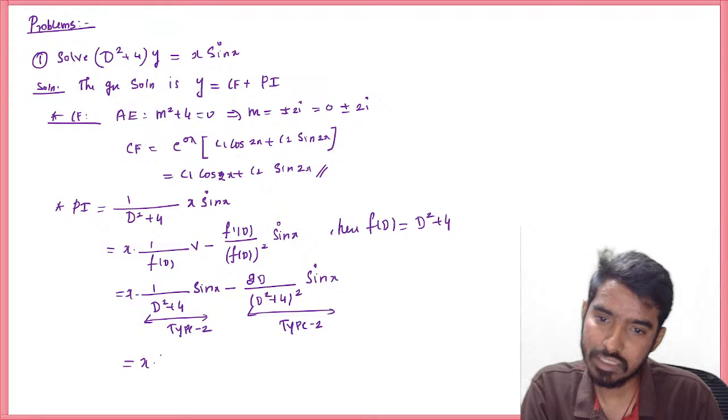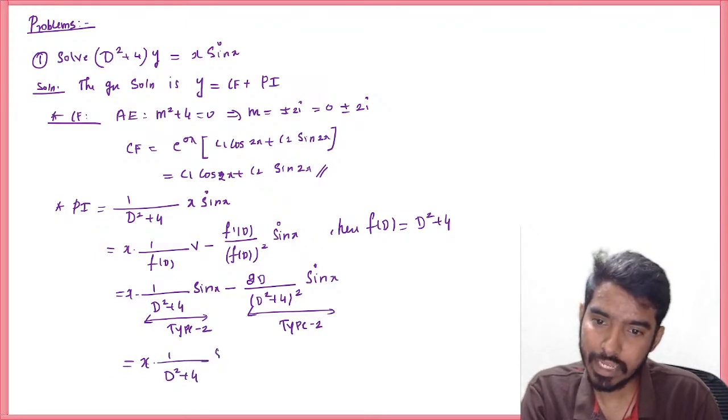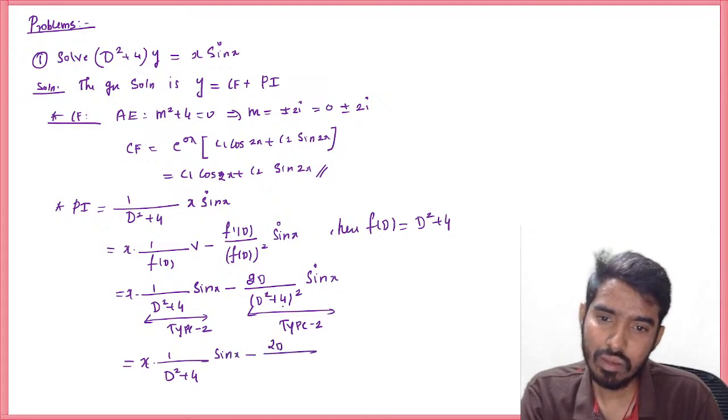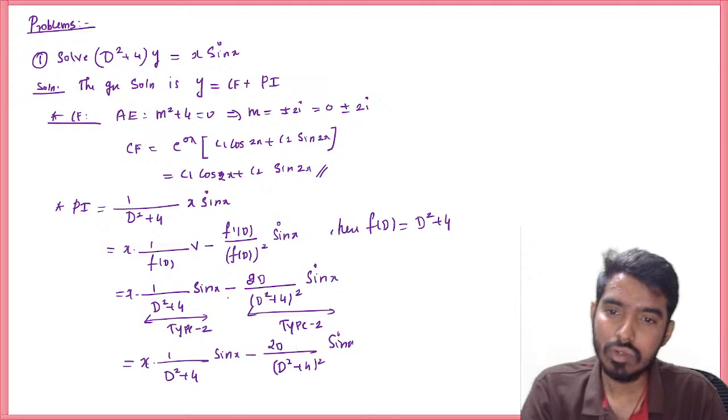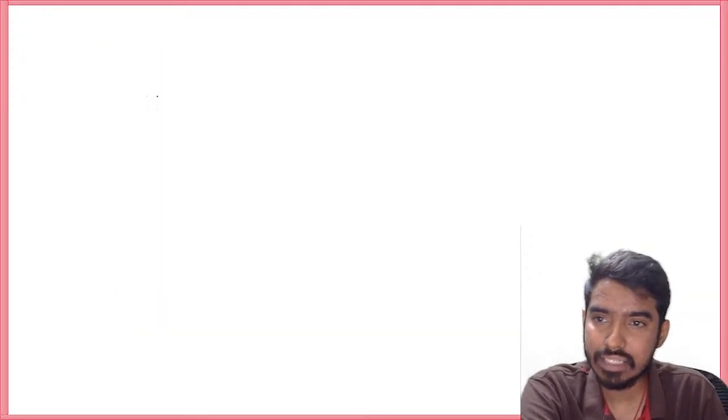So we have x into 1 by D square plus 4 sin x minus 2D by, you can also expand here, or else just keep this as it is, D square plus 4 whole square sin x. You have to replace D square by minus of a square.